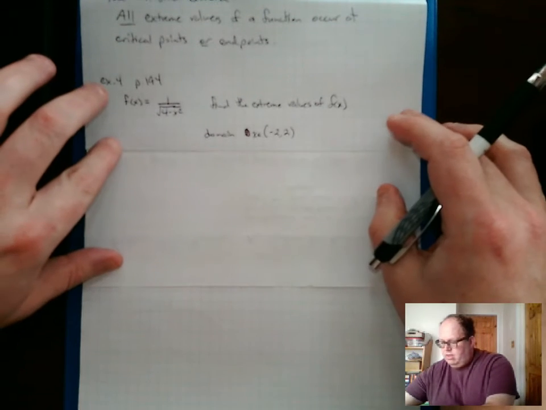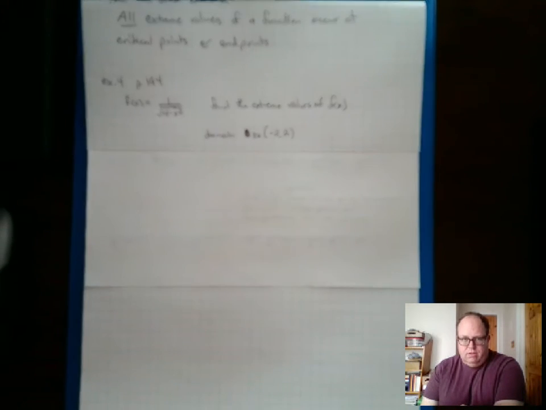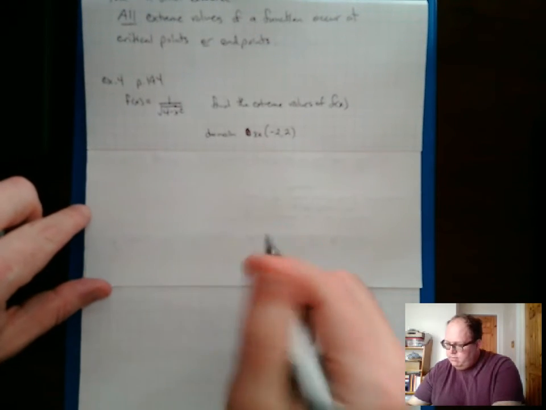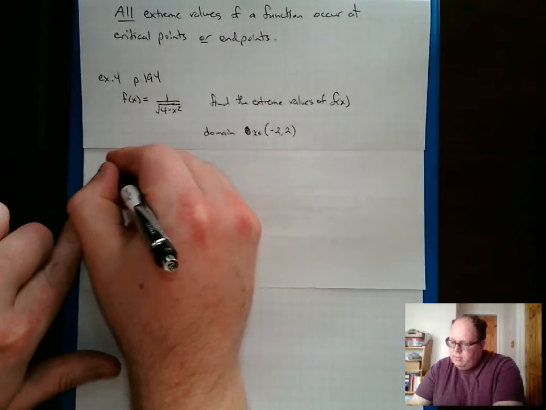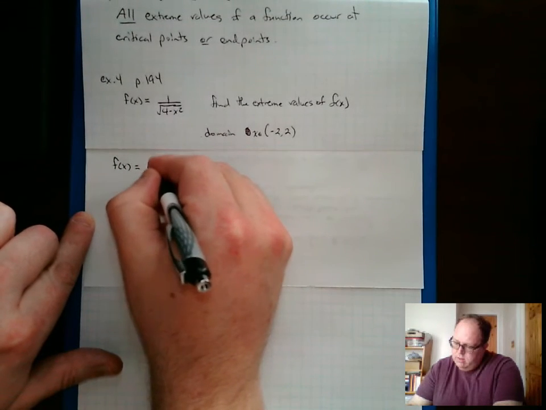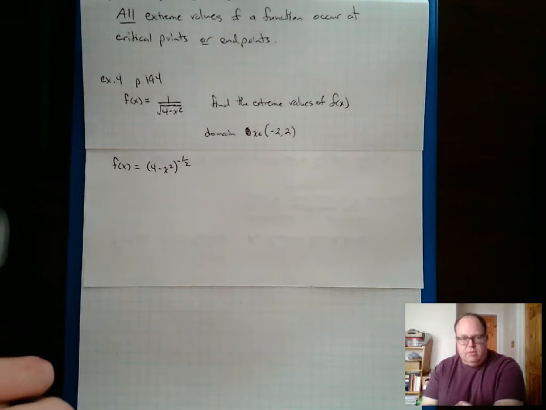So that means I can only look at critical points, places where my derivative either doesn't exist or is equal to 0. So that means I'm going to need to look at the derivative of this thing, and I might restate f of x as 4 minus x squared to the negative 1/2. I think that's going to make my life a little bit easier.